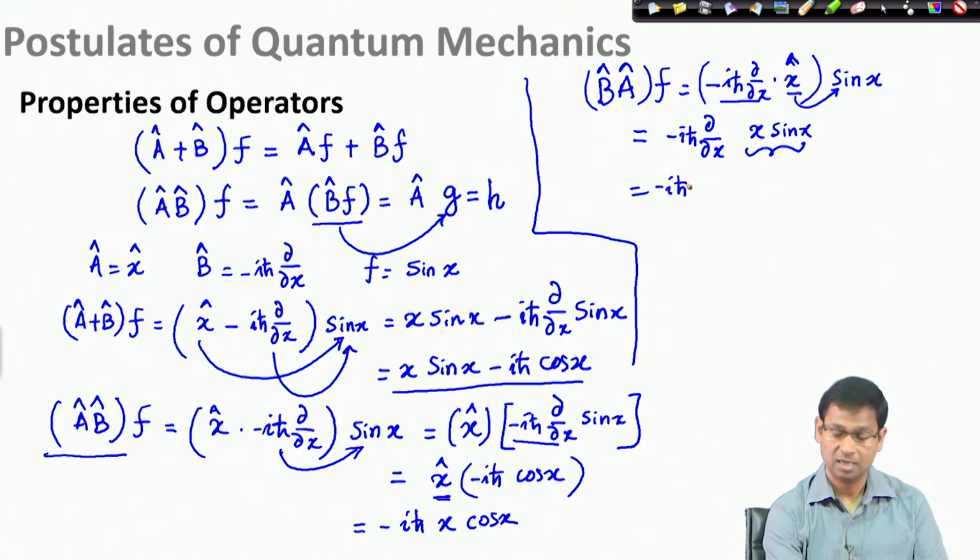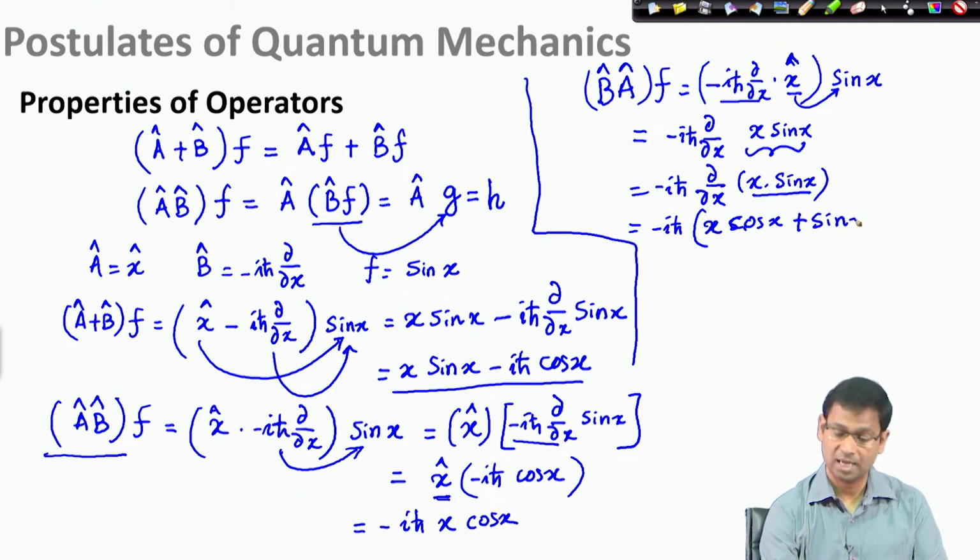When I see here, I have to differentiate d by dx, but a function which is a product of two functions, x sin x, and I will have to be careful here because I will use the product rule. So, I first take out x and differentiate sin x, or take out sin x and differentiate x.